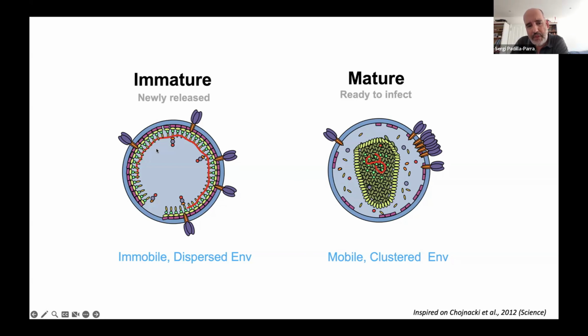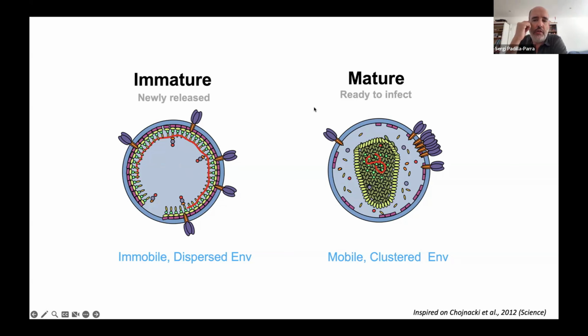the GAG. And there is a protease, and right after egress, right after popping out from the infected cell, the protease starts its activity and actually ends up with this iconic capsid formation that contains the RNA. And this also has an impact on the envelope glycoprotein dynamics.